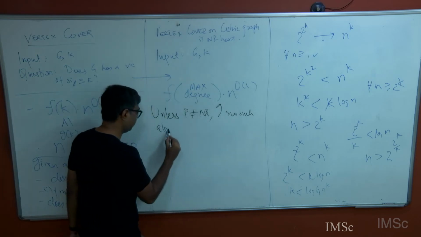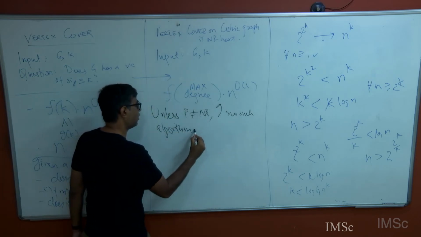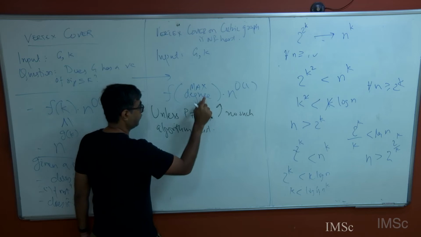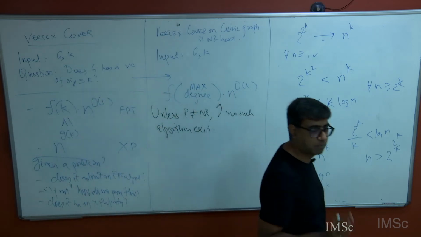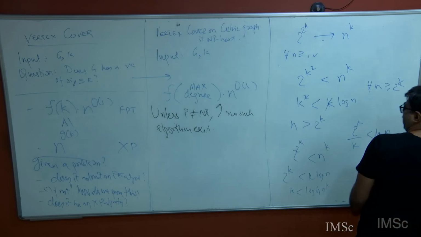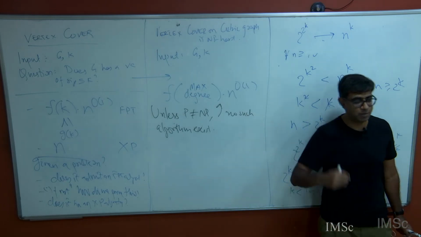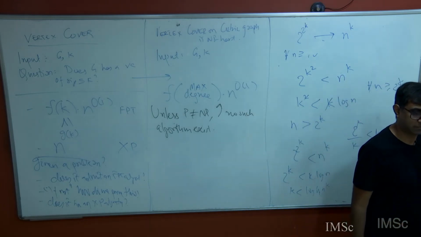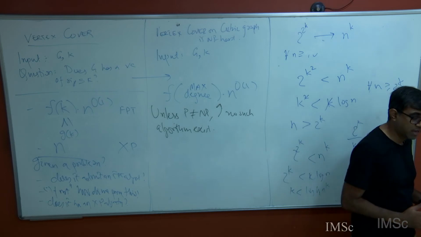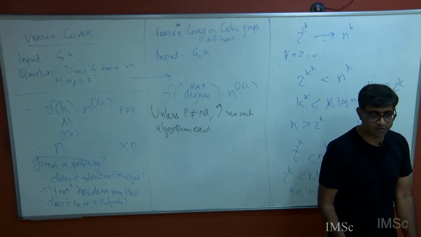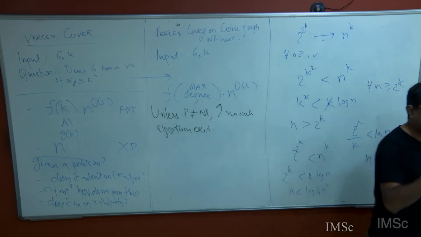Is this correct? What is the meaning of this? If you give me such an algorithm, I am going to solve an NP-complete problem in polytime. So if I give you this algorithm, which NP-complete problem will you solve in polynomial time? Do you understand the question, right? What is the meaning of this statement? Basically it means if I give you such a black box, such an algorithm, which NP-complete problem can you solve?